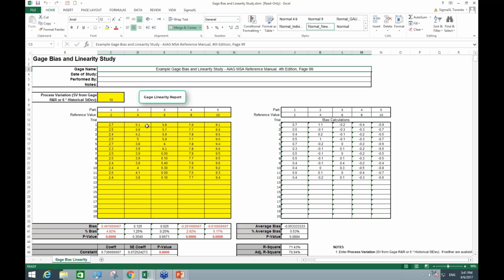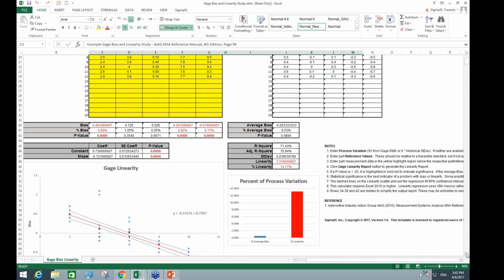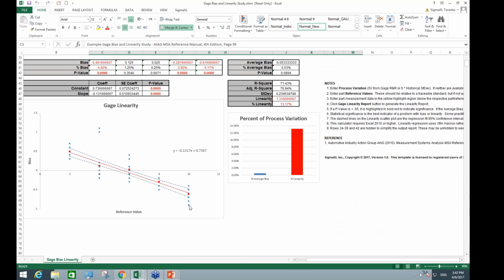We have 5 parts, these are the known reference values, and if I click on the gauge linearity report, I have the graphical view. If the linearity is significant, we also show that by highlighting the bar chart in red. So this is telling you that the linearity is significant here.